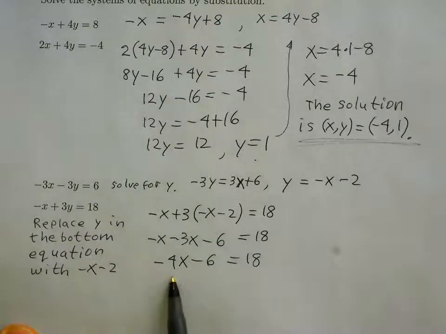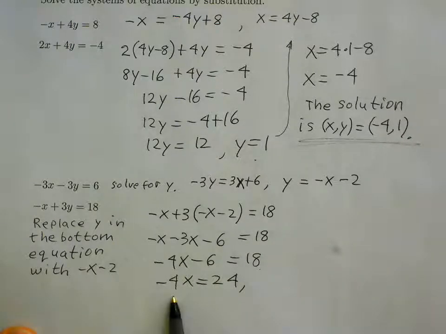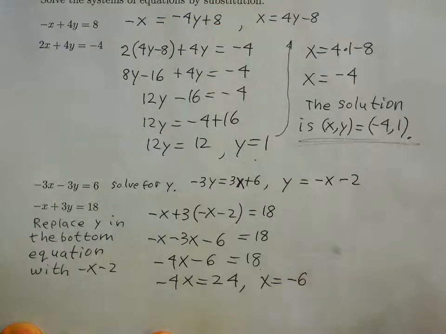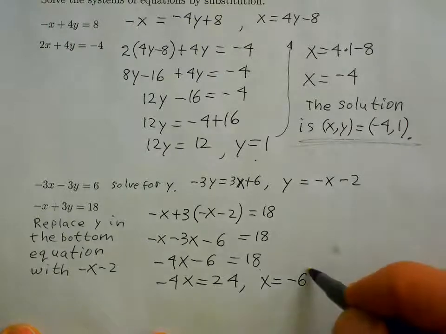And so negative 4x minus 6 equals 18. Now add 6 to both sides. We get negative 4x equals 24. Then divide both sides by negative 4. X is equal to negative 6. Okay, so the x-coordinate of the solution is negative 6.